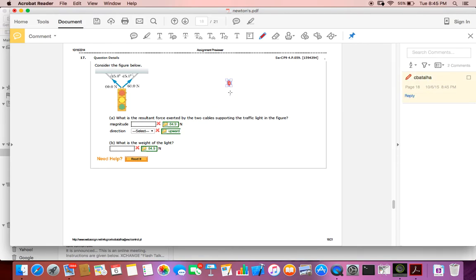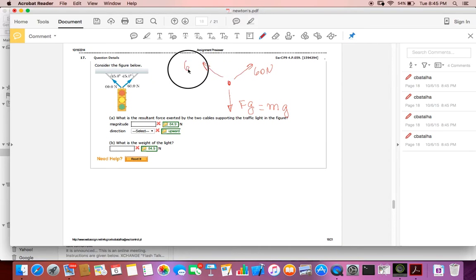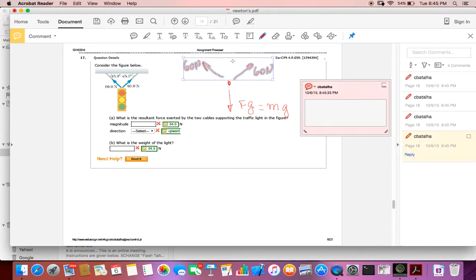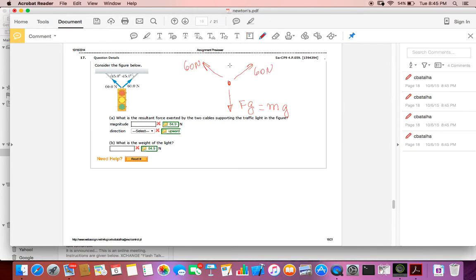So the free body diagram here is the mass of this street light, whatever mass it has, and we have a 60 newtons force, another 60 newtons force, and the angle 45 implies this angle is also 45. This angle is also 45.